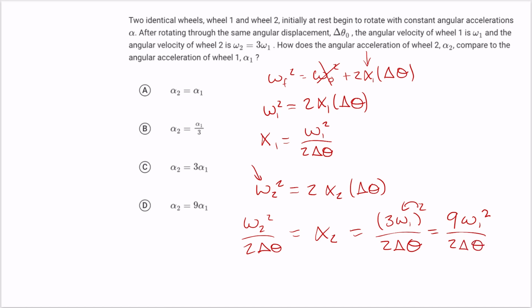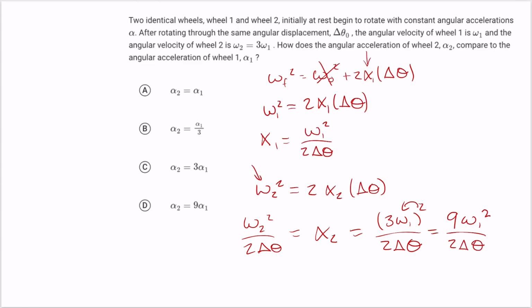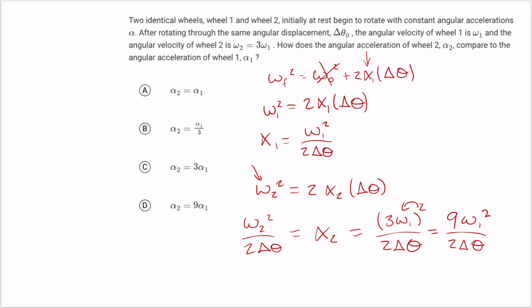How does that compare to what we have for angular acceleration 1? Let's put them next to each other. It looks like there's just a factor of 9 difference. So angular acceleration 2 is just 9 times angular acceleration 1, and the answer choice that coincides with that is answer choice D.